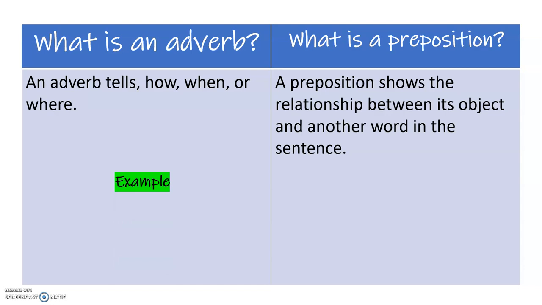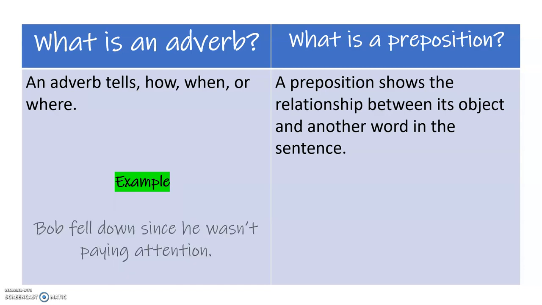Here in the green for adverbs, Bob fell down since he wasn't paying attention. In this sentence, the word down is an adverb. One reason it's an adverb is because it's modifying the word fell here.